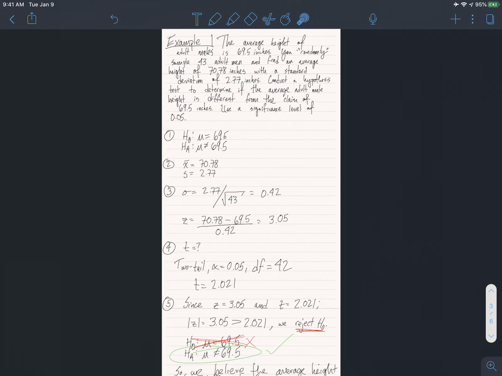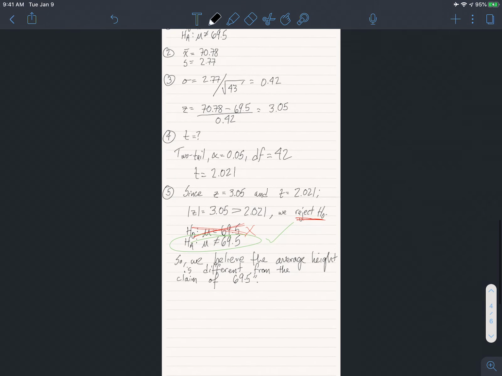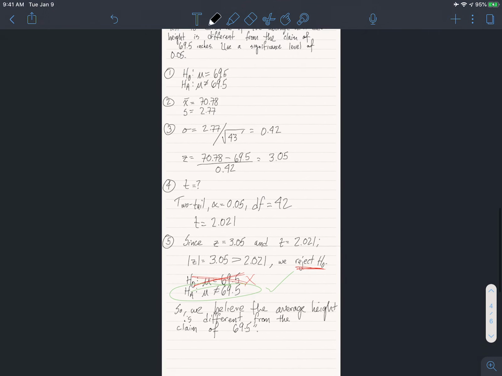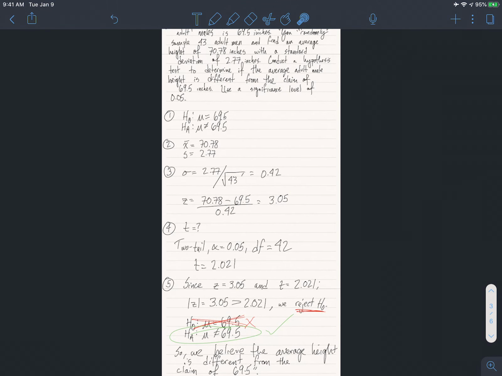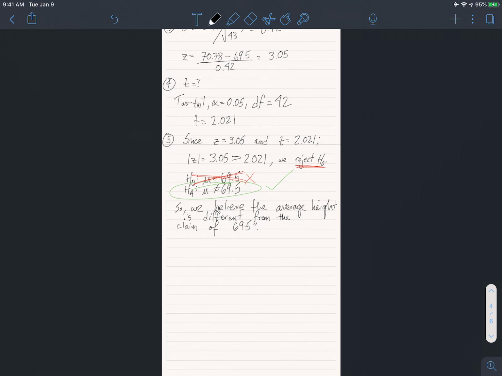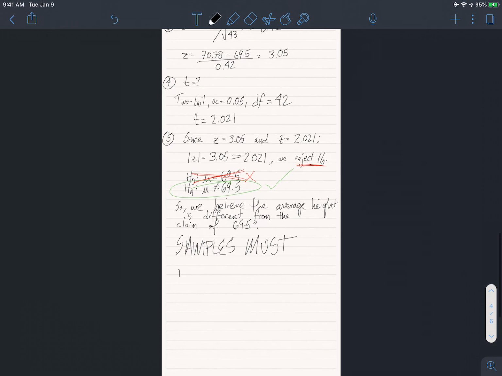I don't know. But this goes back to the biggest assumptions we make. One, we assume that the claim is true, but also what we've been assuming this entire class is samples must be simple random samples, right?